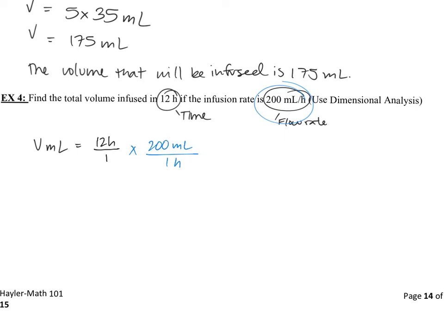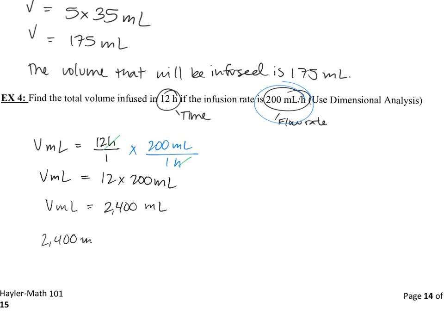Multiplying this out, we can go ahead and cancel the hour units. V milliliters is going to equal 12 times 200 milliliters. And multiplying that out, V milliliters is going to equal 2,400 milliliters.